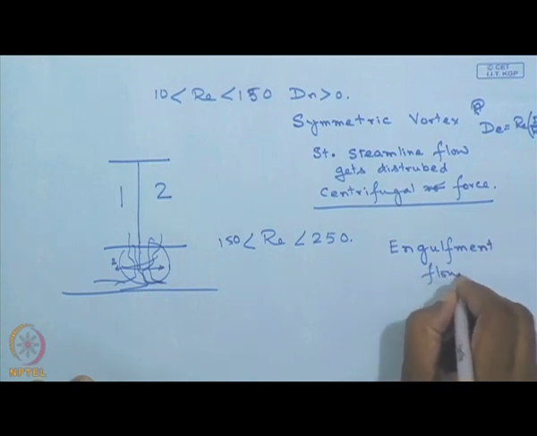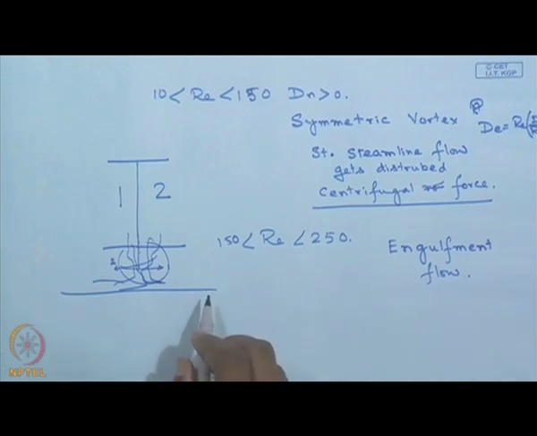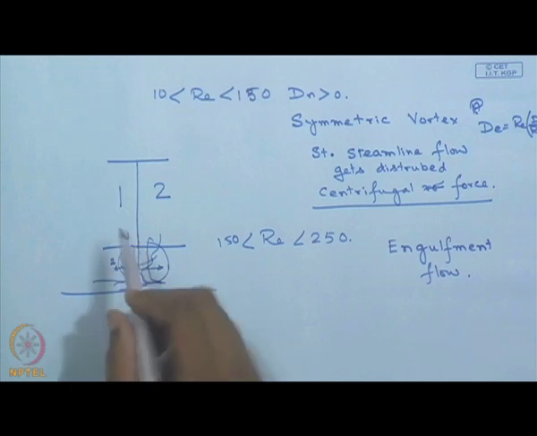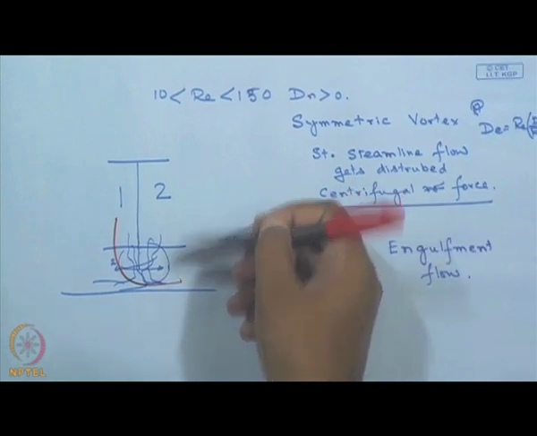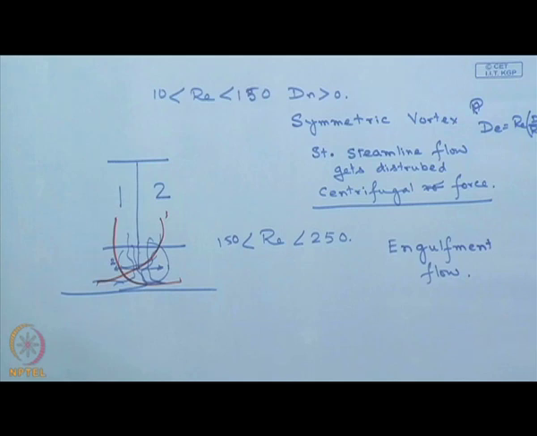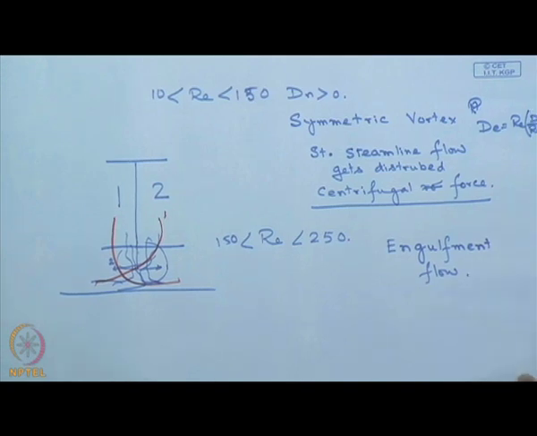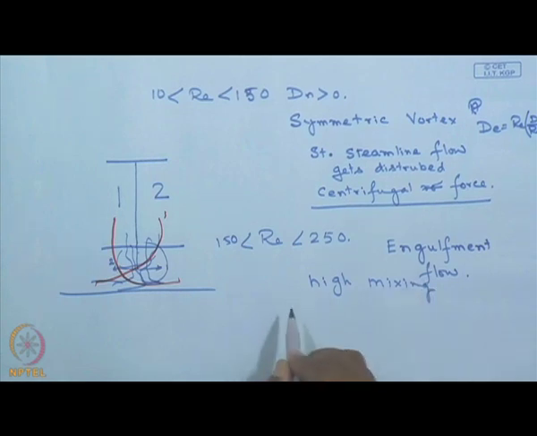And in the engulfment flow, what you would see is that the symmetry totally breaks up, and part of the fluid is going to move in the opposite direction, and this one too is going to come in the reverse direction. So the fluid swaps to the opposite side, and this leads to short diffusion length and very high mixing quality. So the mixing increases in such systems.